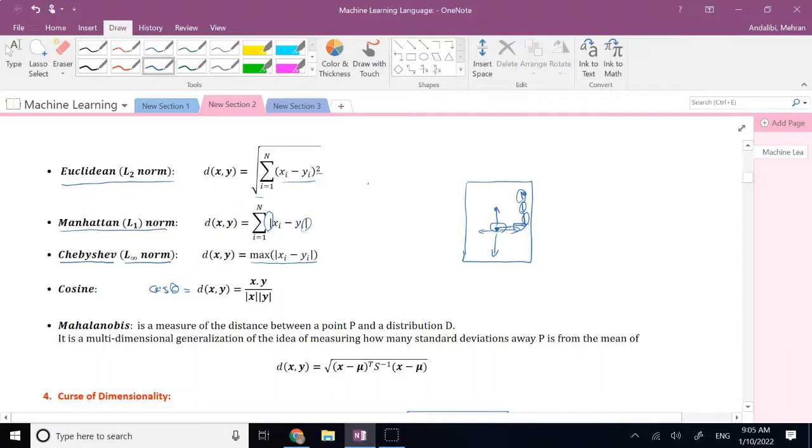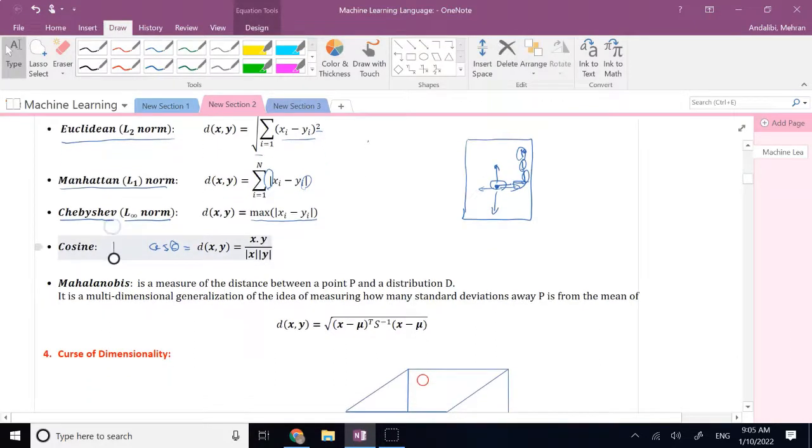And then we also have what we call the Mahalanobis distance, a distance introduced by a scientist in 1936, which basically shows the distance between a point and a distribution. So this time the distance is not between one point x and another point y. This is between point x or p and a distribution of points.